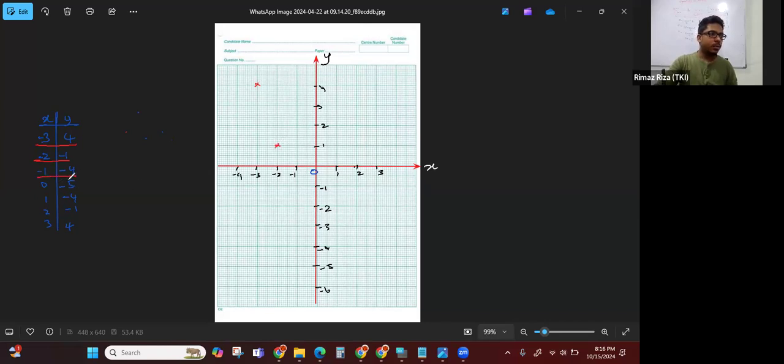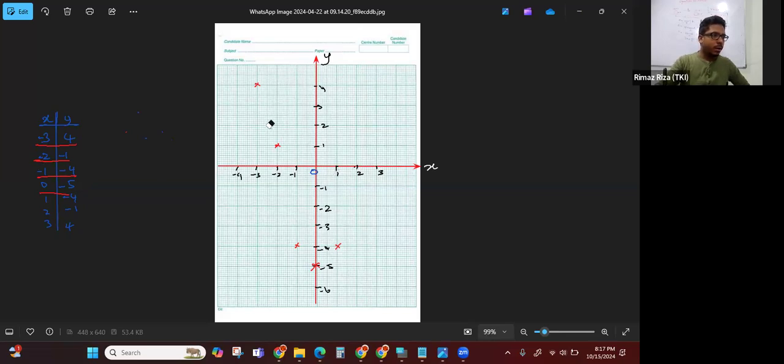When x equals minus 1, y equals minus 4. This point. And when x equals 0, y equals minus 5. This one. And then 1, minus 4. And 2, minus 1.